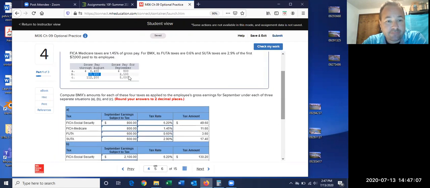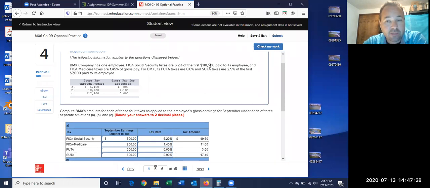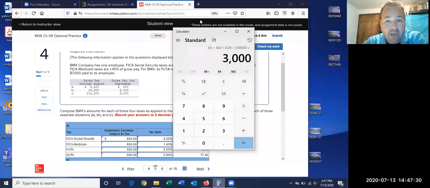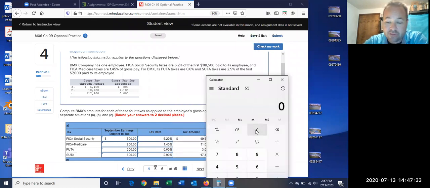Now for employee C, they're way over the FUTA and SUTA cap, so those are going to be zero, just like employee B. For Social Security though, I'm getting really close. If I add up 8,000 plus 112,200, I'm going to go over the cap of 118.5. So what I have to do is figure out how much is left in between. I take the high number, 118.5, and simply subtract where I am now. That gives me how much I have left between those two distances.